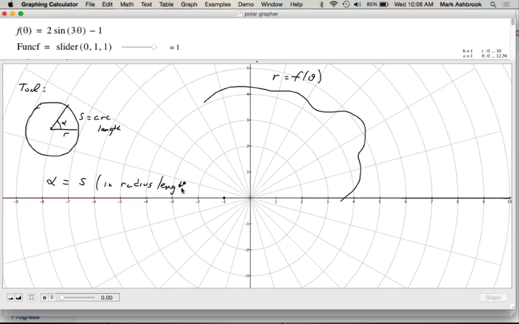Now if we want s not in terms of the radius, but in whatever units the radius is measured in, feet, miles, inches, then what is s going to be? Alpha is the number of radius lengths, and if the length of the radius is r, then how long will s be?